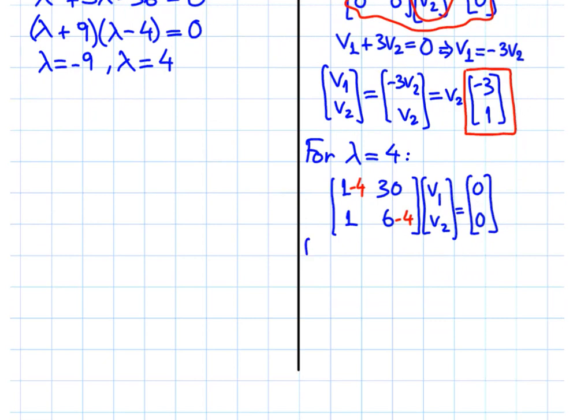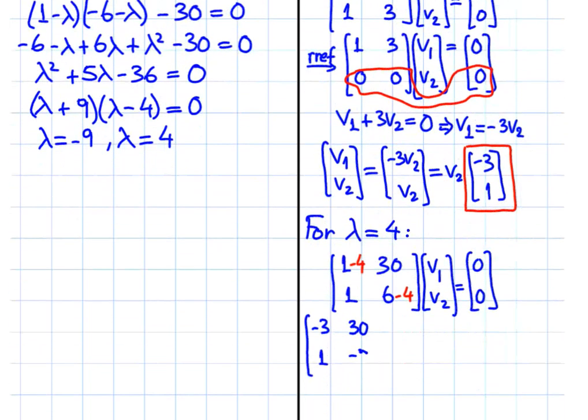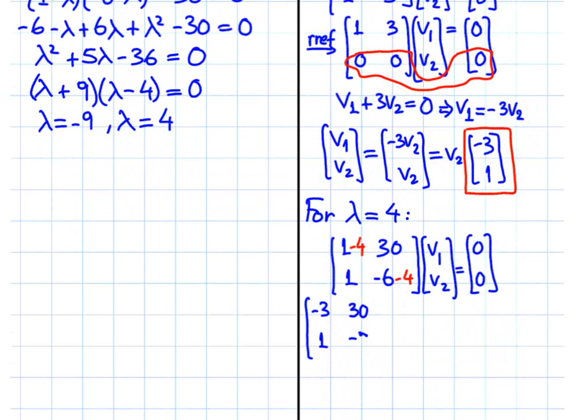So we will have negative 3, 30, 1, negative... Oh, sorry. It's negative 6. That's negative 10. V1, V2, equals 0, 0. And we do the reduced row echelon form here.